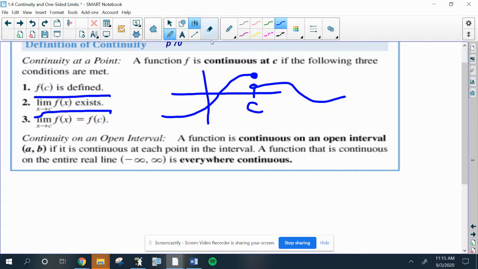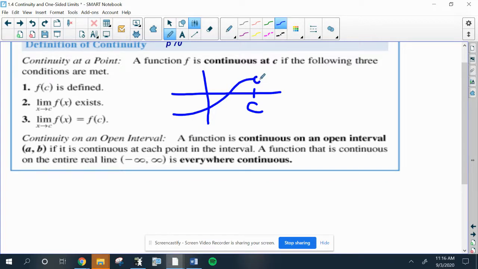But that's not enough because, watch this. I draw a function now that the limit does exist and it's defined. So the limit exists, and it's defined, but maybe it's defined up here. So for this function, it's defined at c, the limit exists, but it's still not continuous.